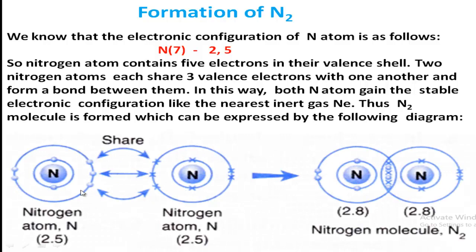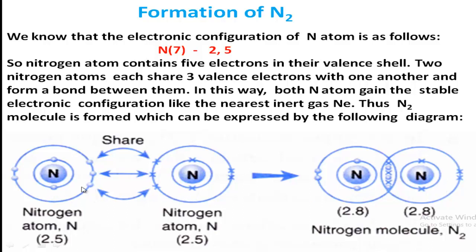Both nitrogen atoms have a valence shell with 5 electrons. Both of them share their 3 electrons, and in this way they form a covalent bond. So here a total of 6 electrons are bonded, 3 from this nitrogen atom and 3 from this nitrogen atom.